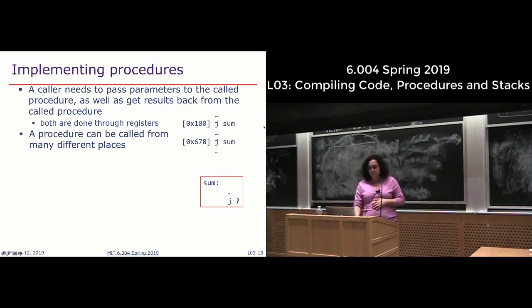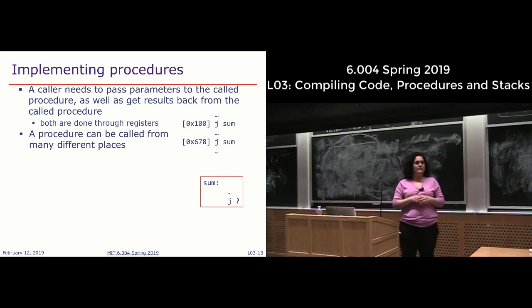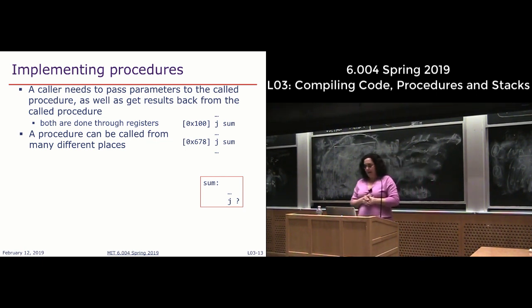Suppose I have this procedure called sum, and I have my main code up here where I have multiple calls to this procedure sum, all right? Well, it's easy to transfer control to this procedure. We know how to do that in assembly. I can just do an unconditional jump to the label sum, and that will start executing the code that's at label sum, which corresponds to my procedure.